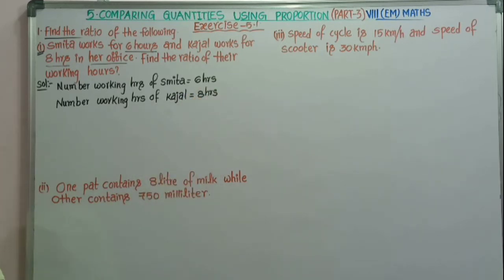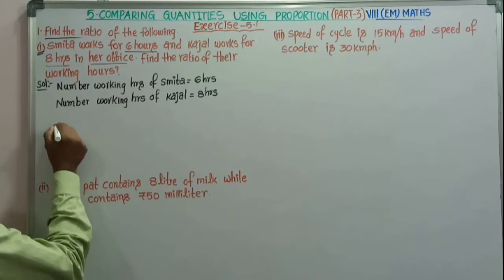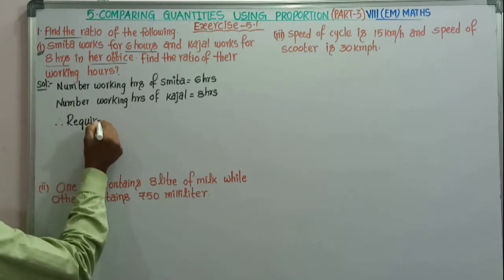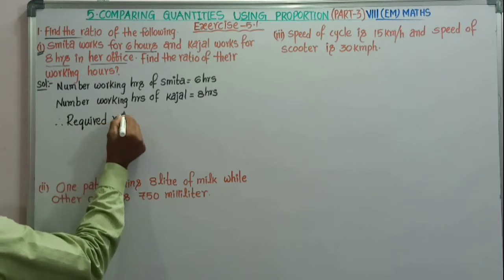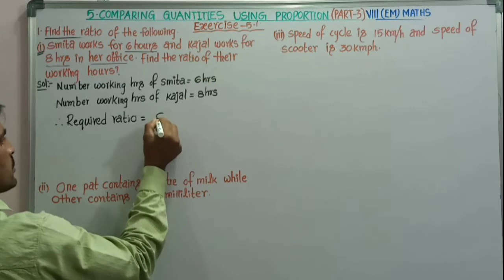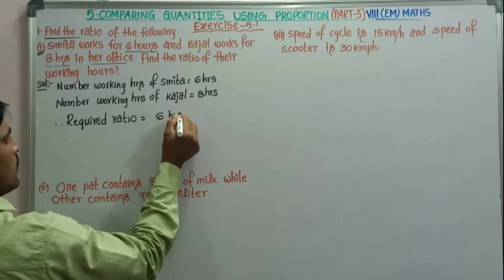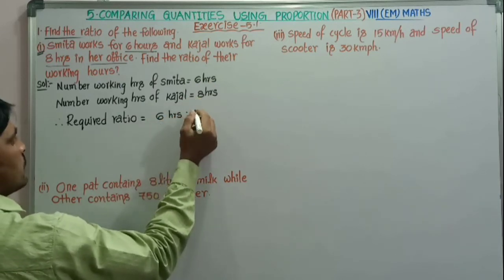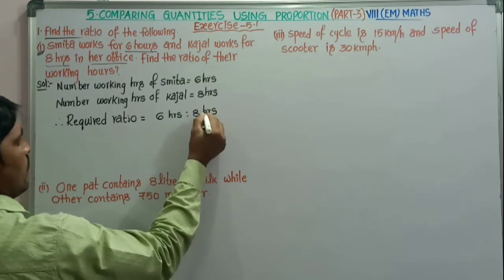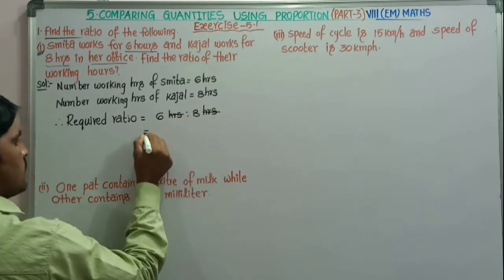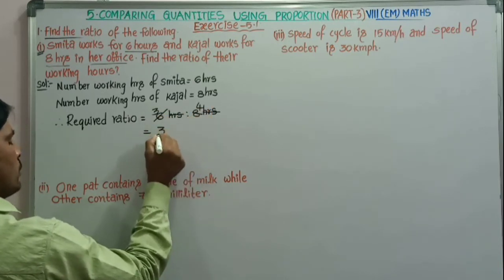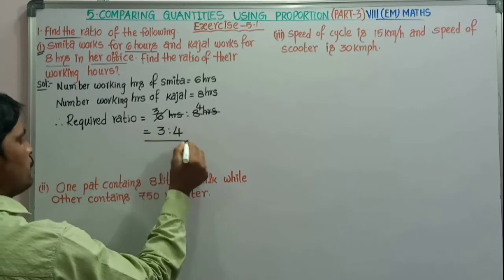We have to find the ratio of their working hours. Therefore, the required ratio is the number of working hours of Smita to the number of working hours of Kajal. Hours get cancelled. 2 threes are 6, 2 fours are 8. So the required ratio is 3:4.